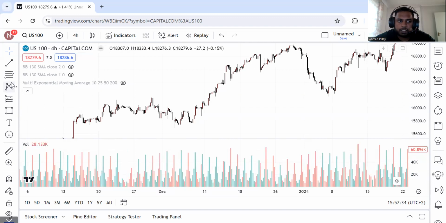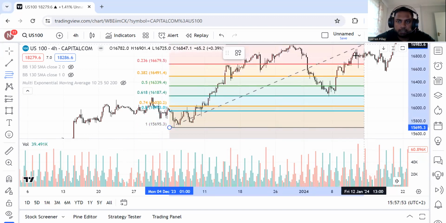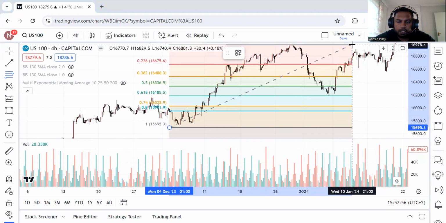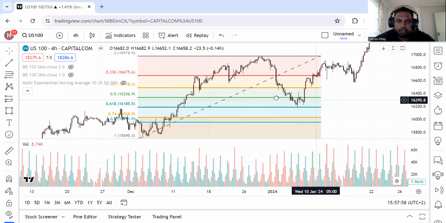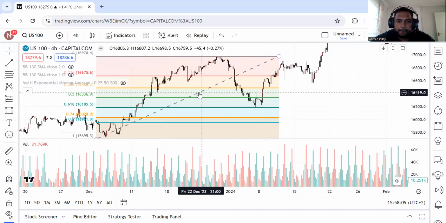So if you actually look at what was happening, if I draw the fib from the lowest point to the highest point, right? Why not this highest point? Is because the market went higher before it did a big drop, right? So if you look at this lowest point here to this highest point here, you will see that where price came before it actually reversed was the 0.618 level, right?